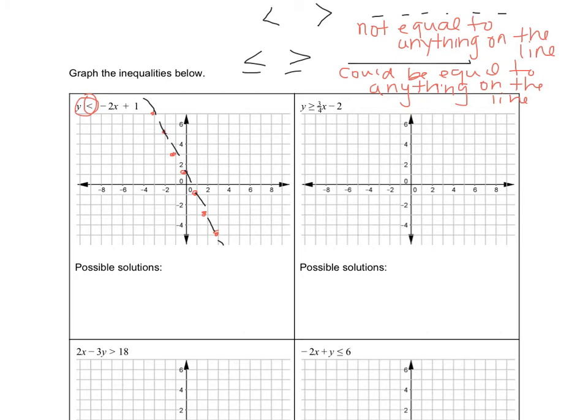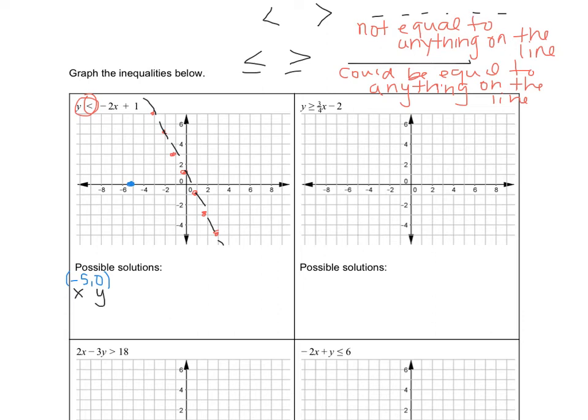And the way I figure out my shading is I think of a possible solution. So, for example, I'm going to test the point negative 5, 0. I've got an x coordinate here and a y coordinate there.